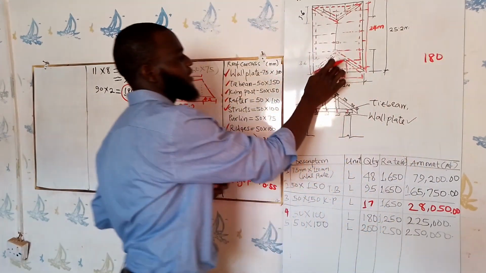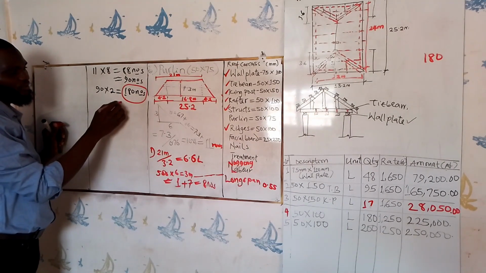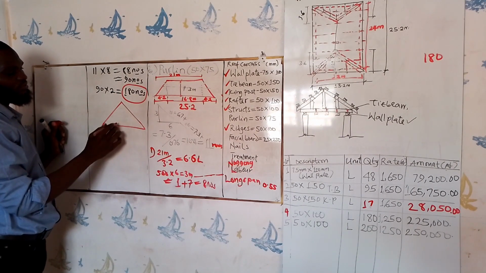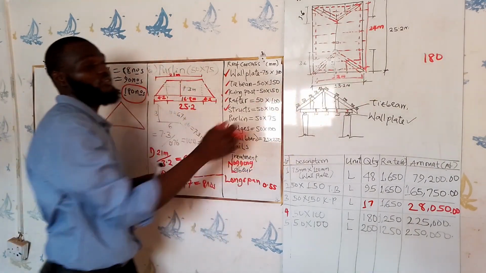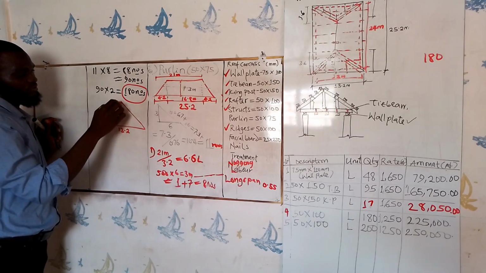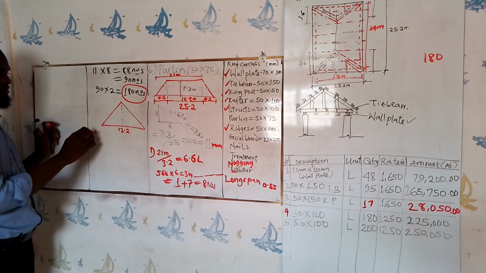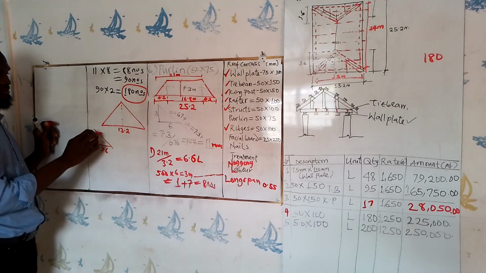Now we need to consider the triangle sides. This will be what? 12 plus the eaves projection now, 13.2. As we go back to our calculation, this is 3 meters. This is 3.6. What do we have there?